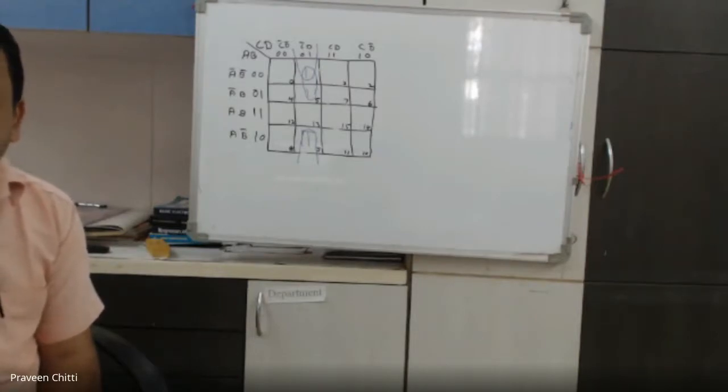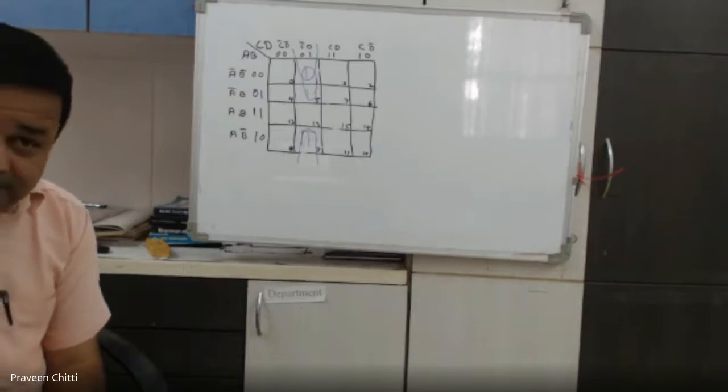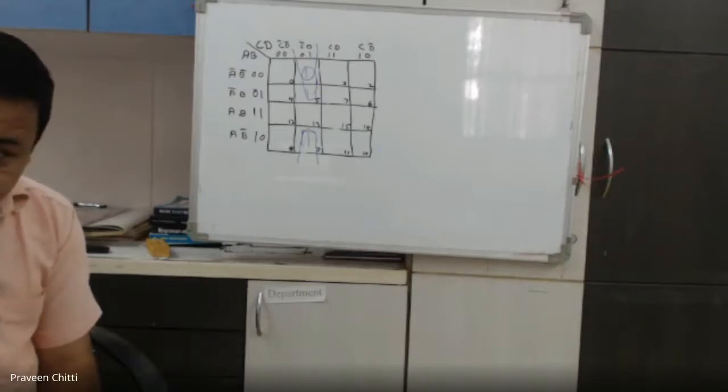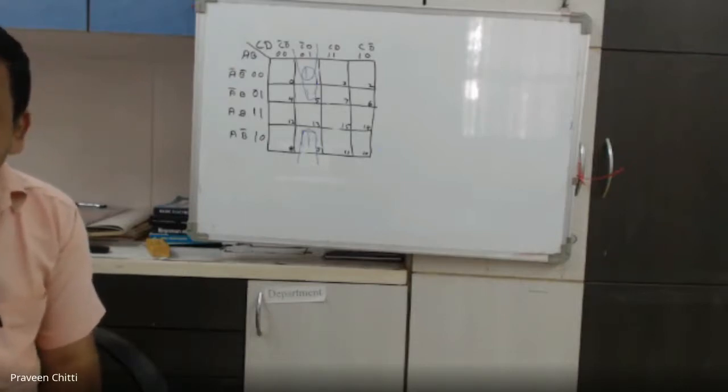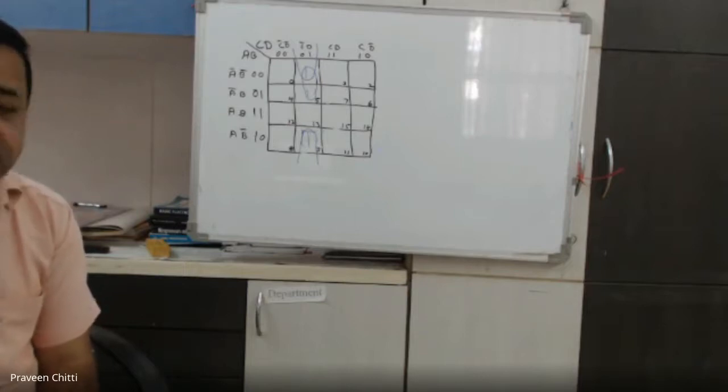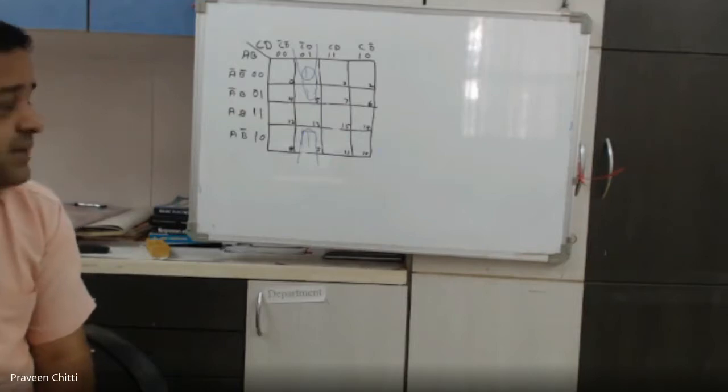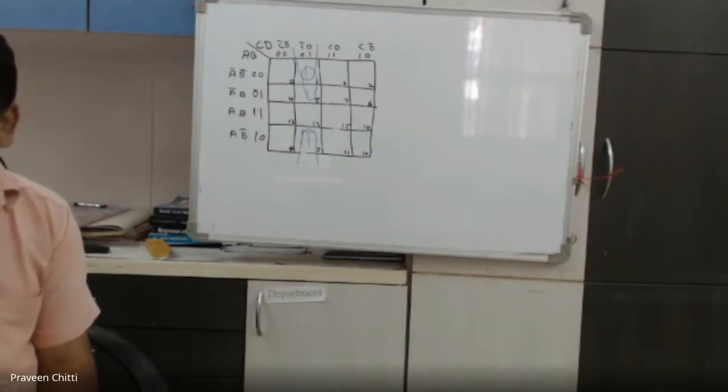And what is rolling or folding and what is overlapping? Before I take up the first example on simplification using K-map, you should be clear with all the concepts of K-map.